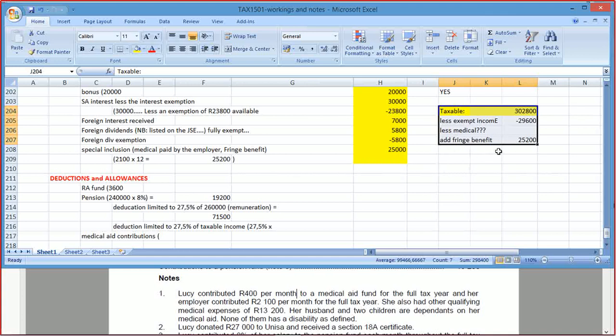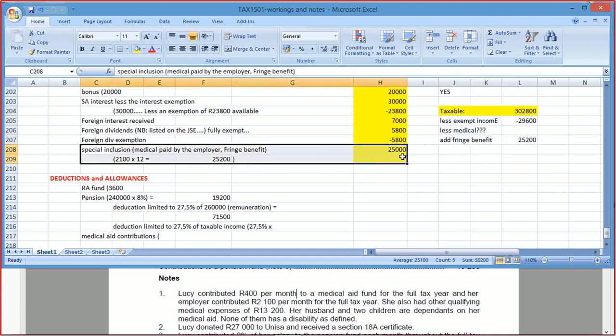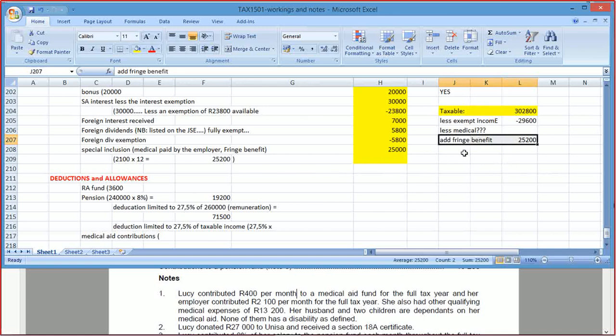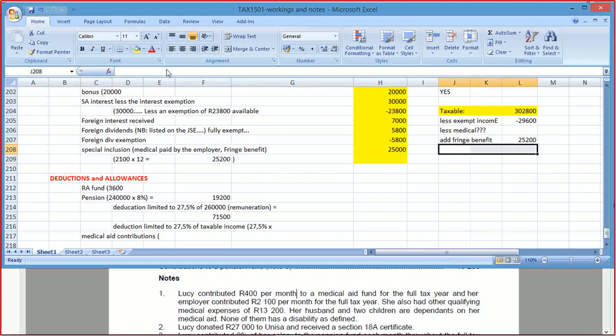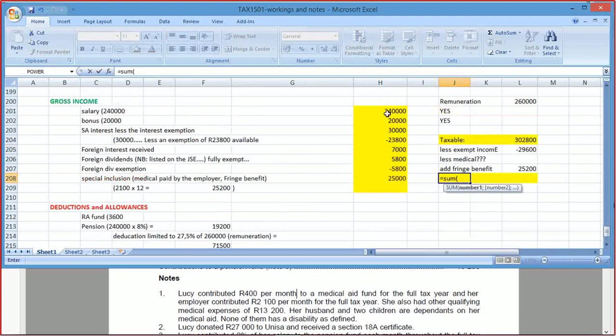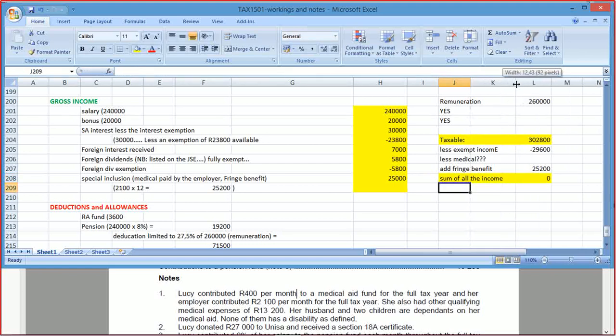So now we can put that in taxable income, 25,000. Do you see that? Because that's an amount that is payable, so that's a fringe benefit. Remember, we had to look at the medical in order to get the taxable income. So how much does she actually have here? It equals the sum of all of her income. All of her income would be that.